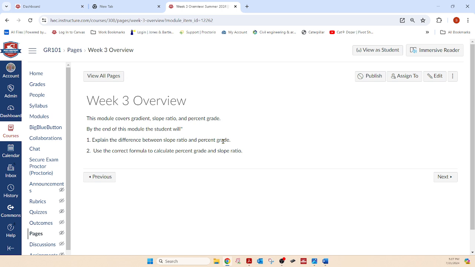Now, when you get into putting a sewer line under a house leading to a septic system, you're going to use percent grade. Because it's such a small incline, a lot of septic lines want their grade to be like 1%.